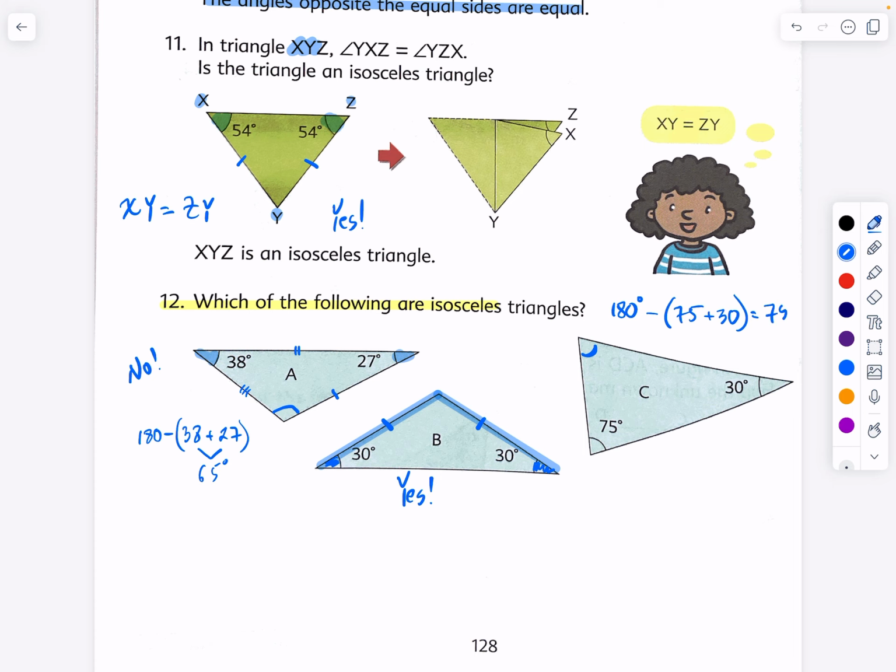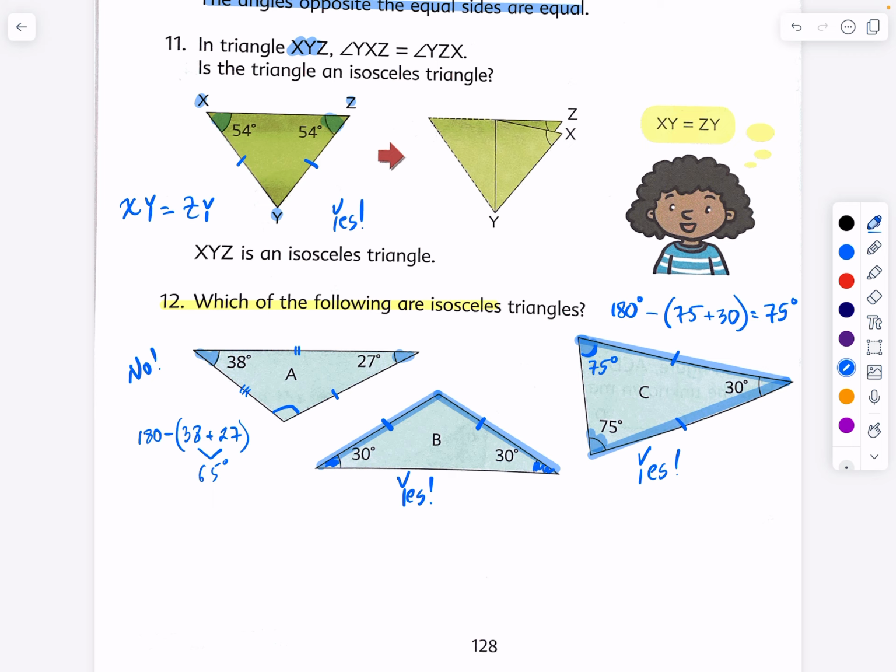And we have the missing third angle of 75 degrees. And look, we have 2 angles that are the same measurement, therefore the 2 sides opposite these angles are of equal measurement. We can label them with the same number of dashes. And yes, triangle C is isosceles.